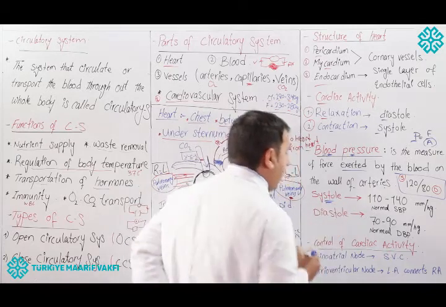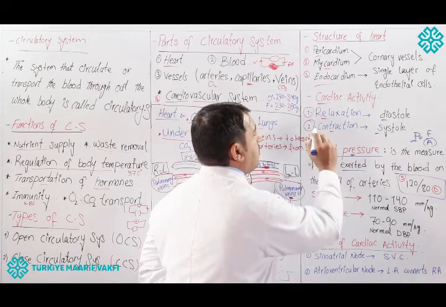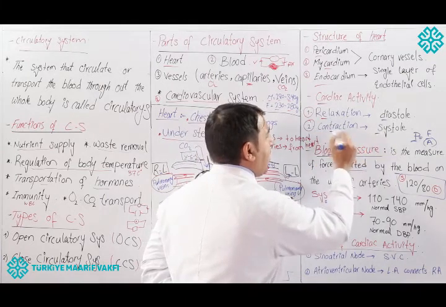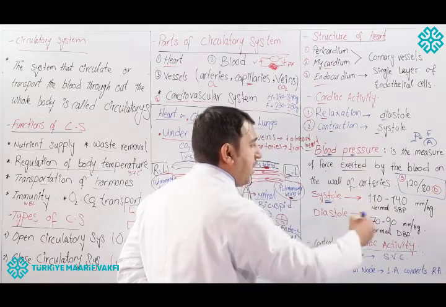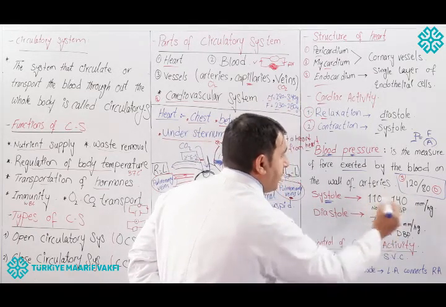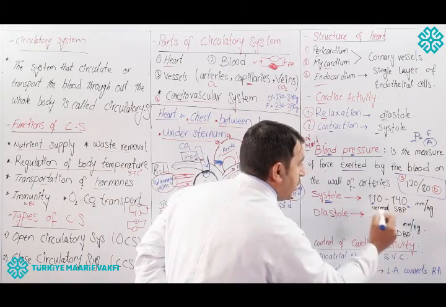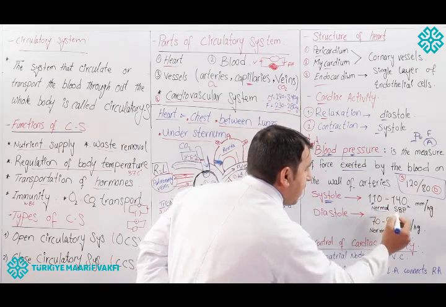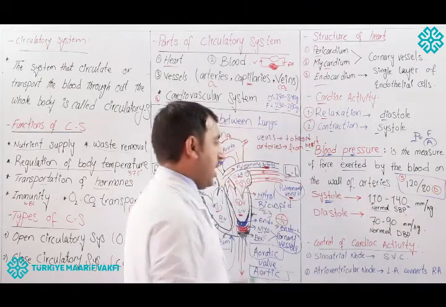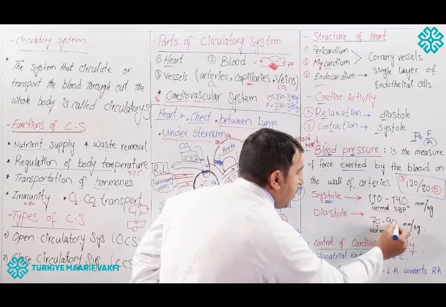If we have the systole state, when the ventricles are in contraction, it sends the blood from the heart. This pressure must be from 110 to 140. So we can say it is the normal systolic blood pressure. And the diastolic blood pressure is from 70 to 90.